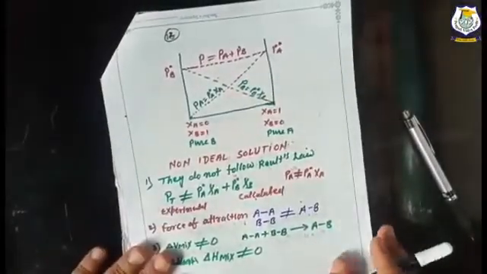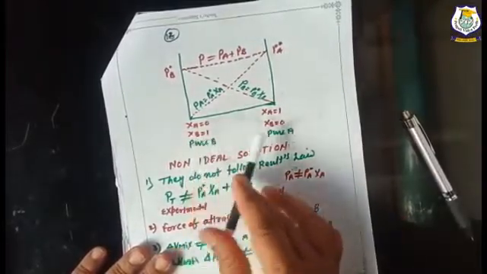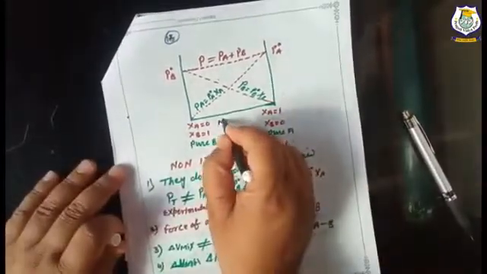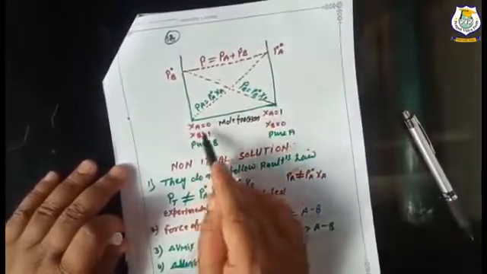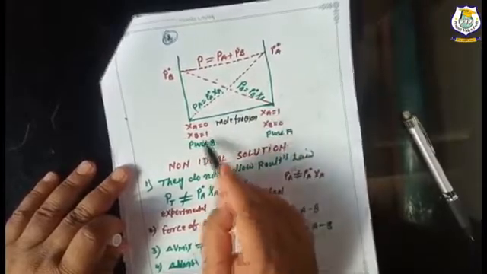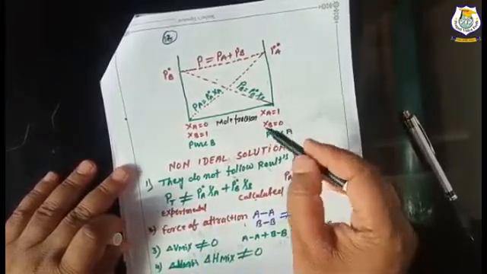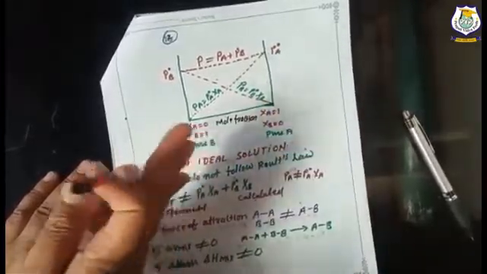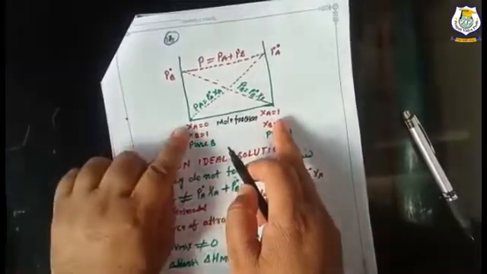Raoult explained the graph between the mole fraction of A and B on the basis of an ideal solution. These are the mole fractions. XA equals 0, XB equals 1, and XA equals 1, XB equals 0. That means pure B is present in one case, pure A in the other. This line is denoted by P naught A because moving left to right, the amount of A increases and the amount of B decreases.